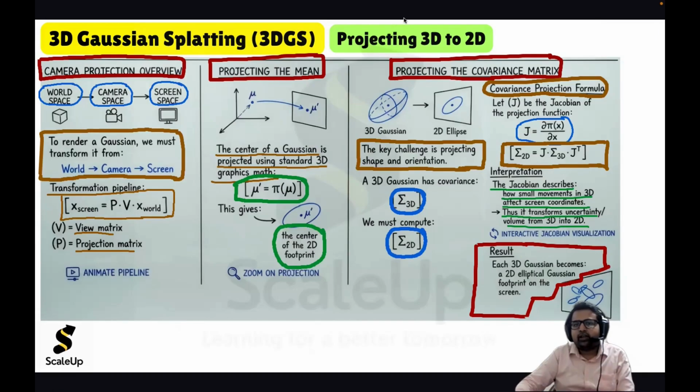So projecting 3D to 2D is very clear: the transformation pipeline is that from world space, X world, we multiply with the view matrix and projection matrix to get X screen. We project the center, which is standard 3D graphics math, and we project the covariance matrix, which involves the Jacobian matrix.